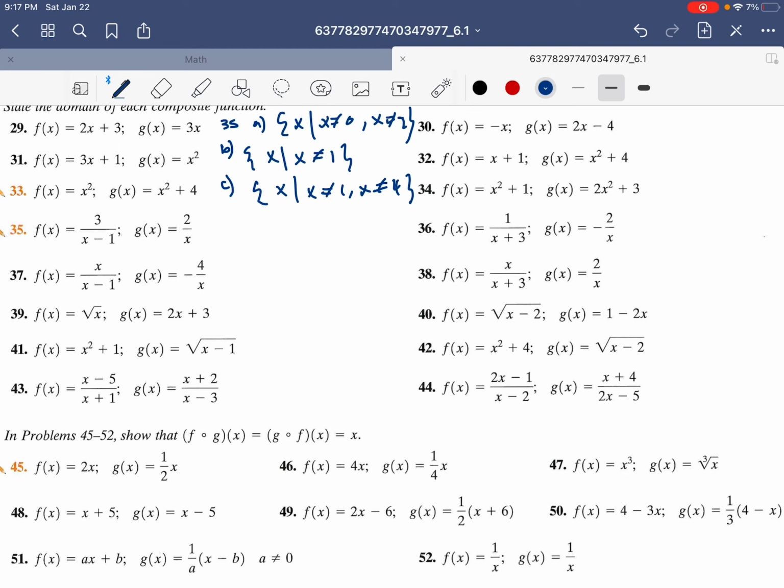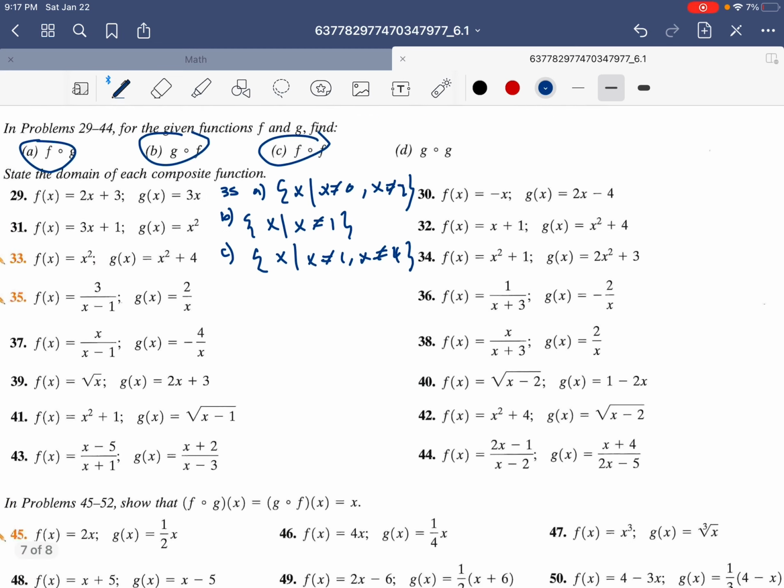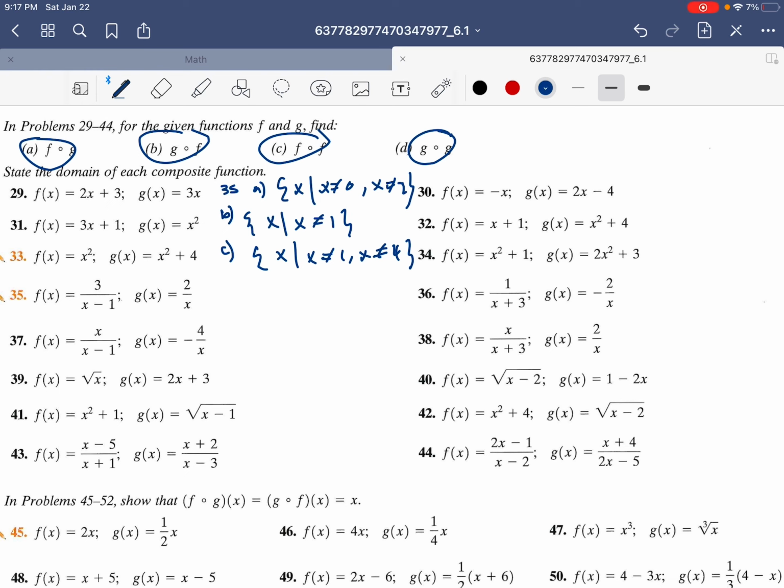And then for D, which what is it? Oh, g of g. So g of g of x. g is 2 over x, right? Because you have this. Now you're going to plug this back into this because it's g of g. So it's kind of like you're working backwards.